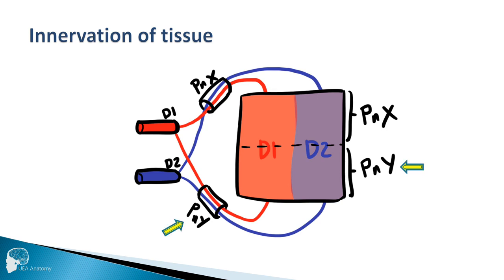So now look carefully at the innervation of the block of tissue as a whole. The upper half receiving innervation from both D1 and D2 via peripheral nerve PNX, and the lower half receiving innervation from D1 and D2 via the peripheral nerve PNY.